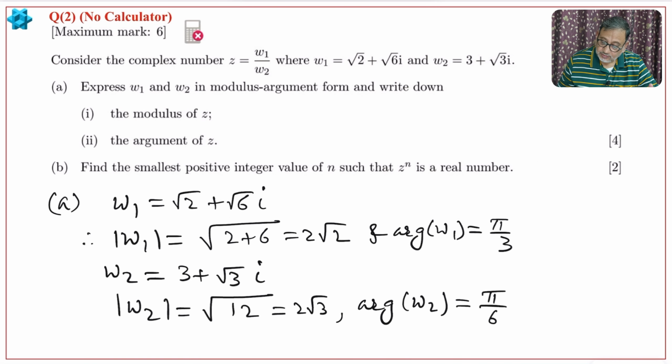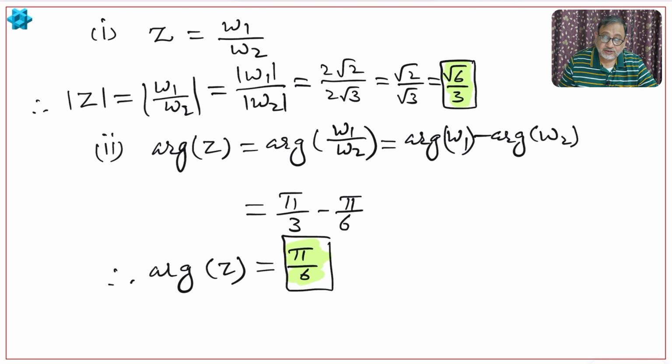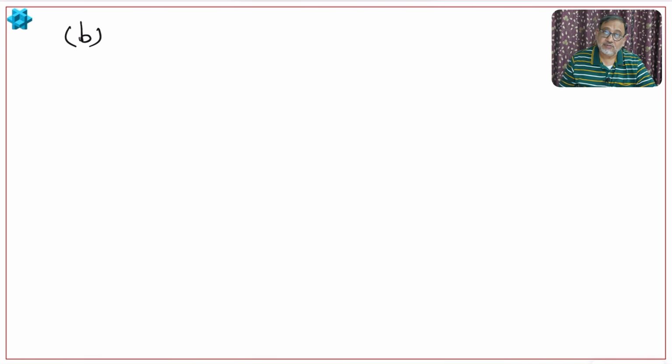if you want it to be a real number, then the imaginary part should be 0, right? It means sin theta should be 0, okay, in the modulus argument form, cos theta plus i sin theta. So sin theta should be 0. So sin theta will be 0 when theta is multiple of k pi, okay, because sin pi we know 0, so k pi can be the multiple of it.